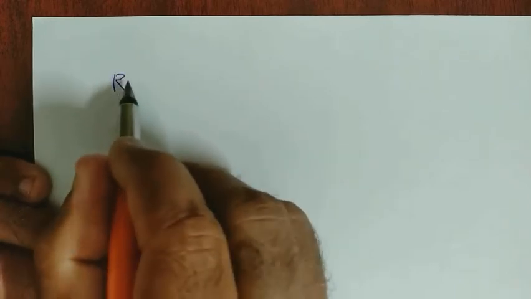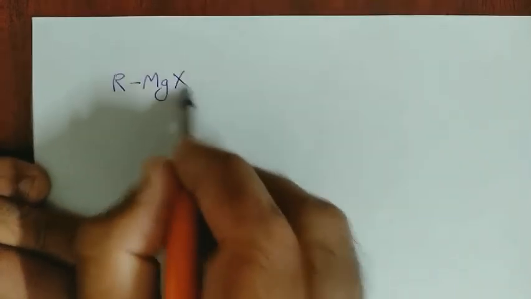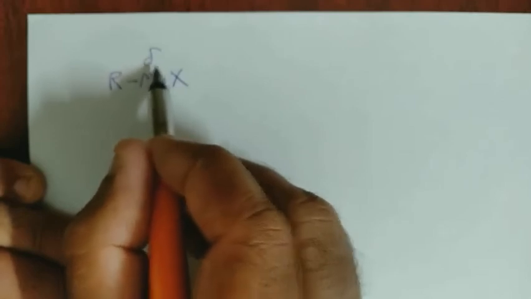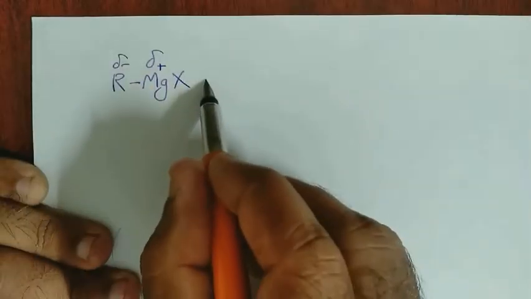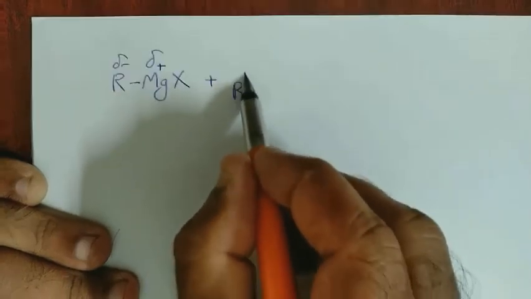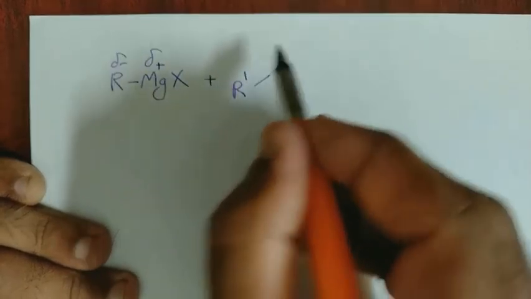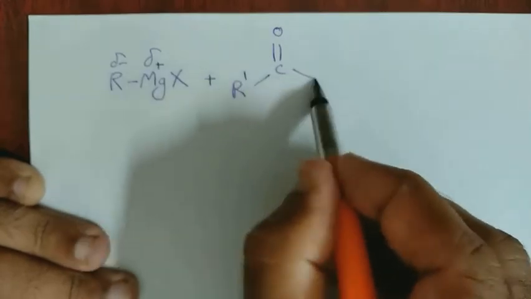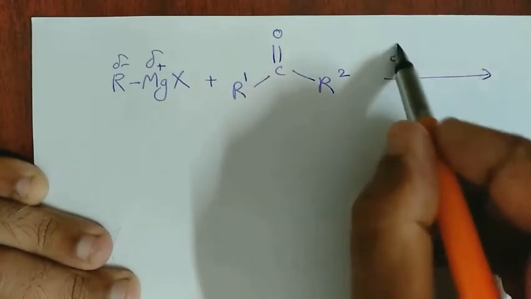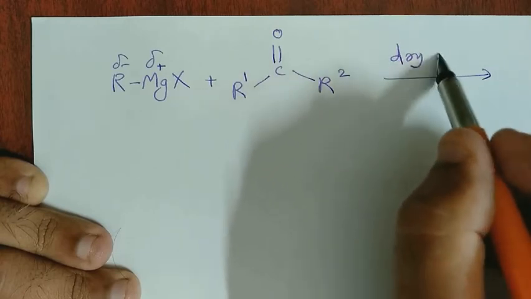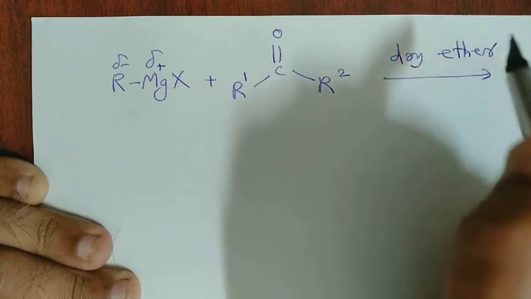Grignard reagents give an addition product with ketones in anhydrous ether medium, which on hydrolysis gives a tertiary alcohol. Hydrolysis reaction is carried out in the presence of dilute acid.